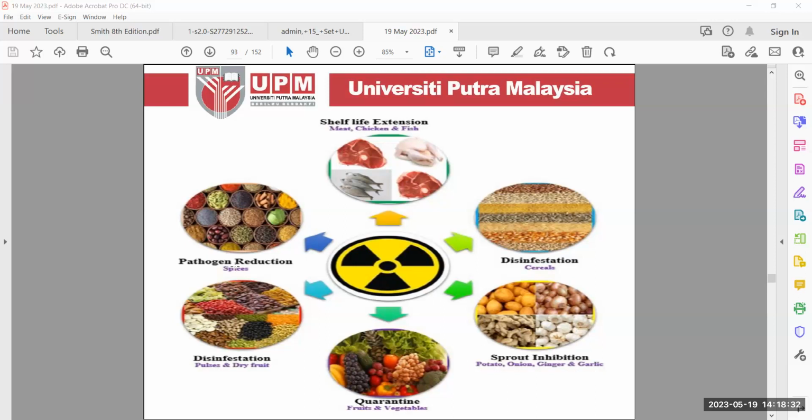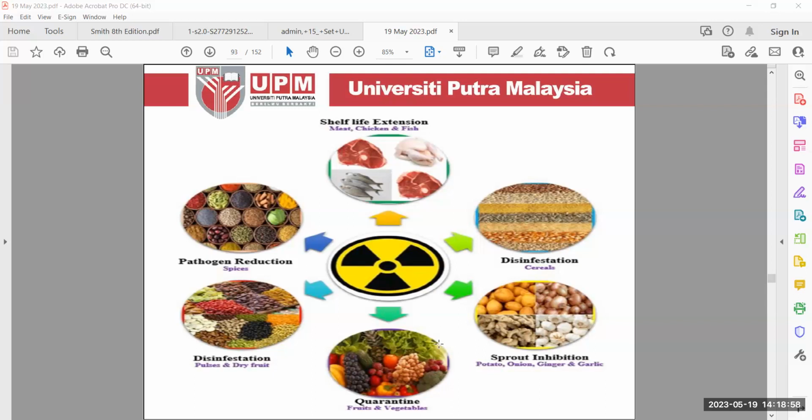Pathogen reduction, of course, especially in spices, and disinfection in pulses or legumes, in kacang, and of course dry fruit. Because sometimes the issue with kacang or dry fruit, you would have kutu dekat dalam makanan tersebut. So by using irradiation, you can eliminate them altogether. And of course, for quarantine purposes.